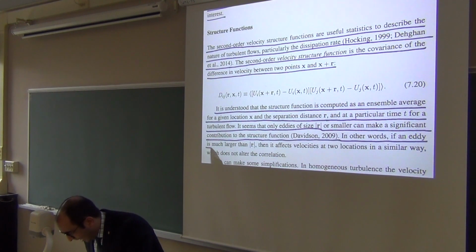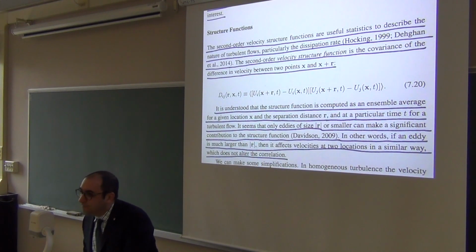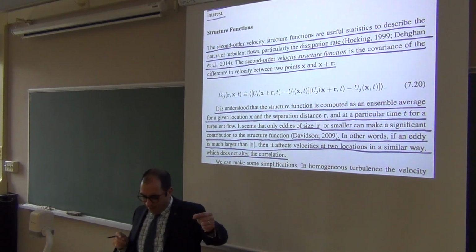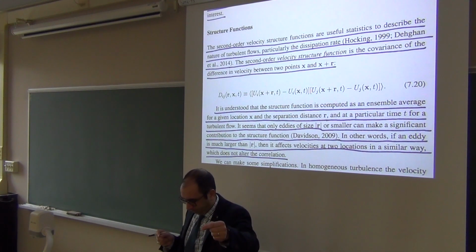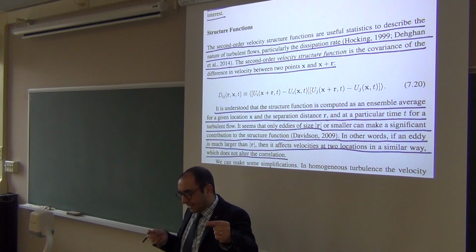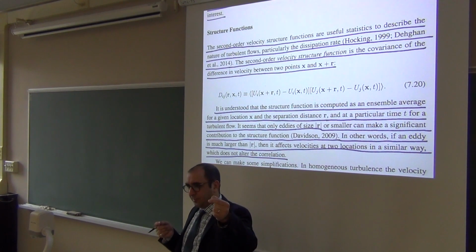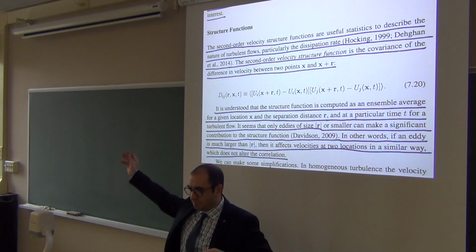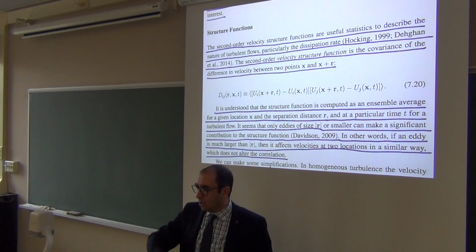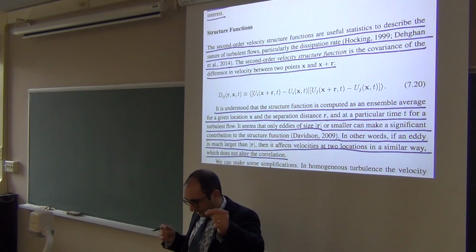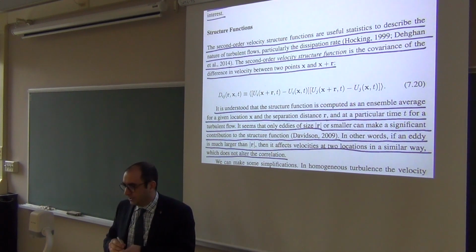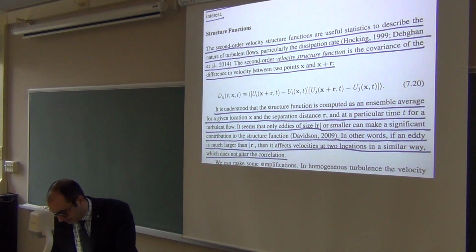Larger eddies, you're actually not going to be able to see or detect. So if you have two sensors here, they are able to see eddies as big as the separation distance between the two. If there's something much bigger, like 100 meters, a large eddy that sweeps across the two sensors, you're not going to be able to detect those eddies. Okay?